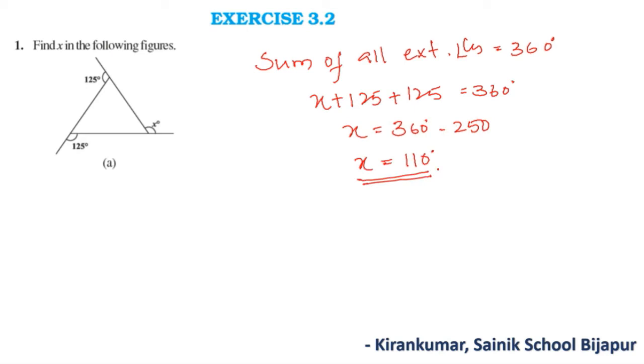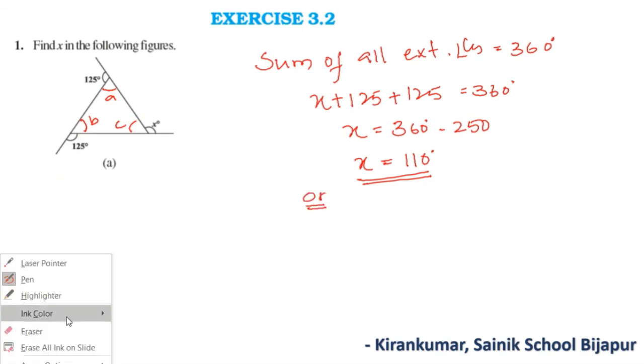This is one of the methods. Another method is, let me mention this particular angle as, say, A, this angle as B, and this angle as C. This is another method. Better I change the ink.